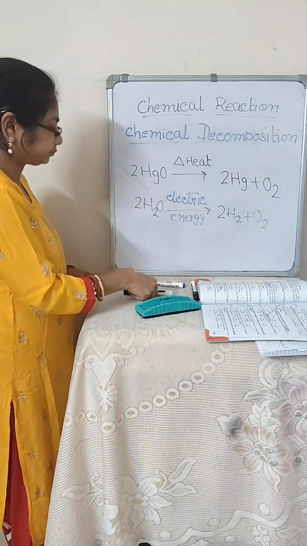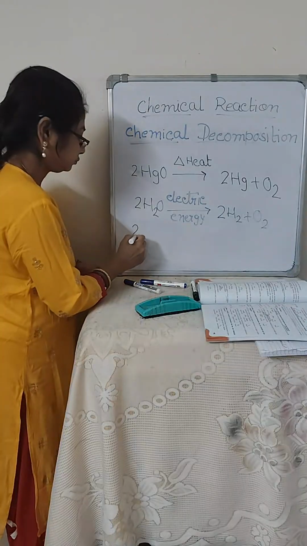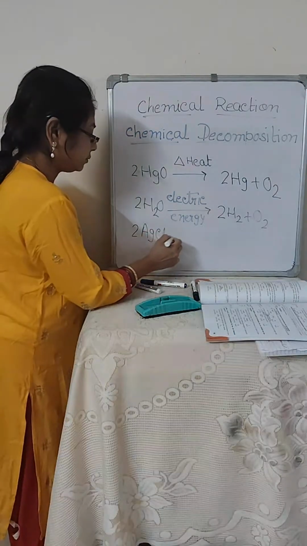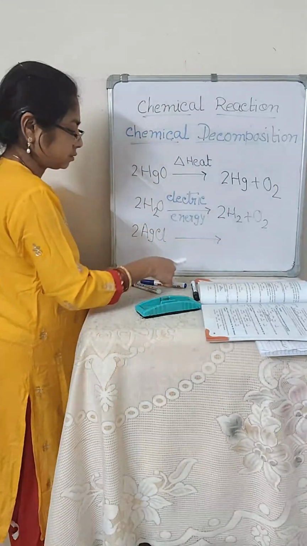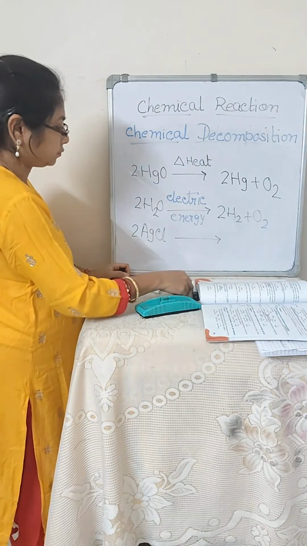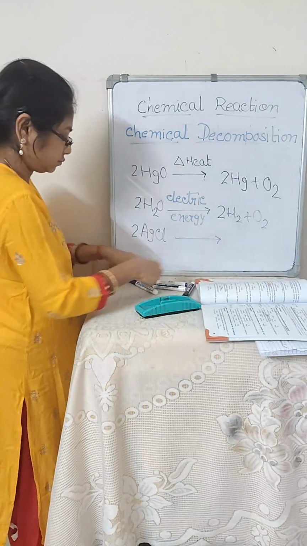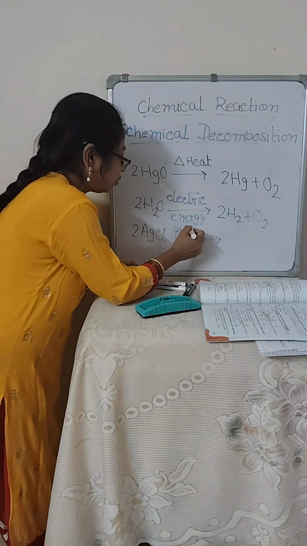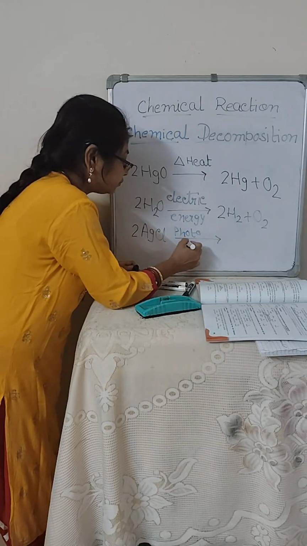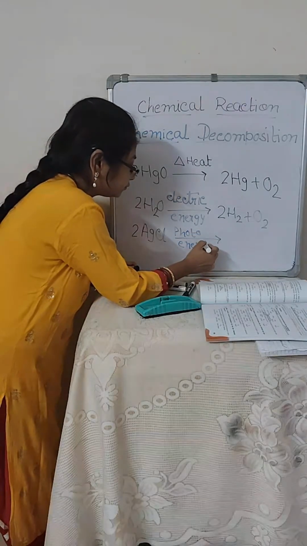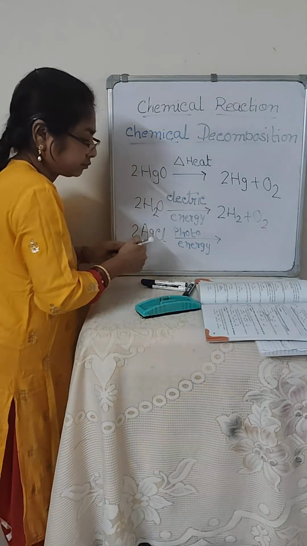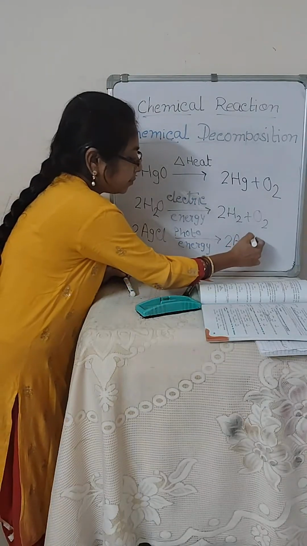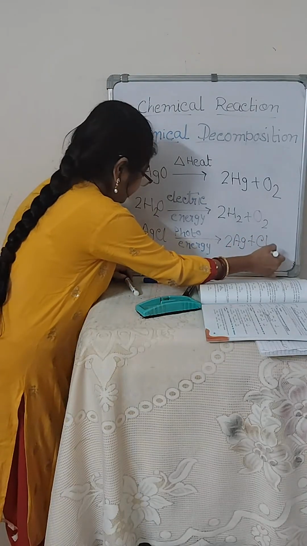Next one. 2AgCl, photo energy, gives Ag plus Cl2.